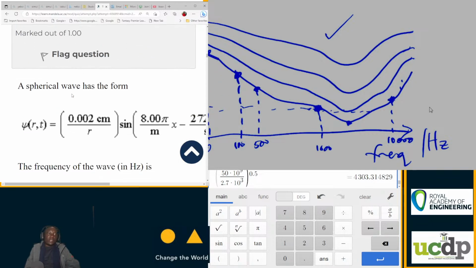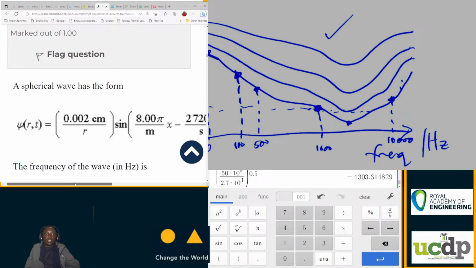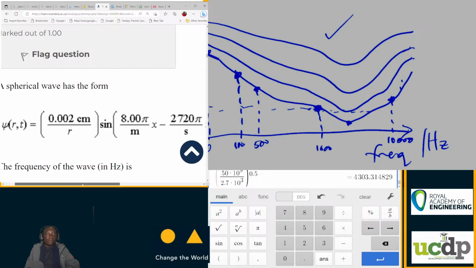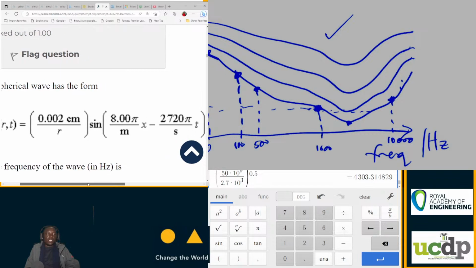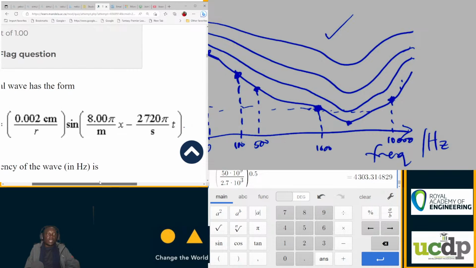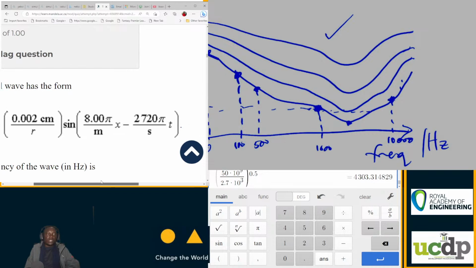Another question, number 7. A spherical wave has this form, given by phi, a function of the radius and time, which gives us the amplitude in centimeters as a function of the radius.